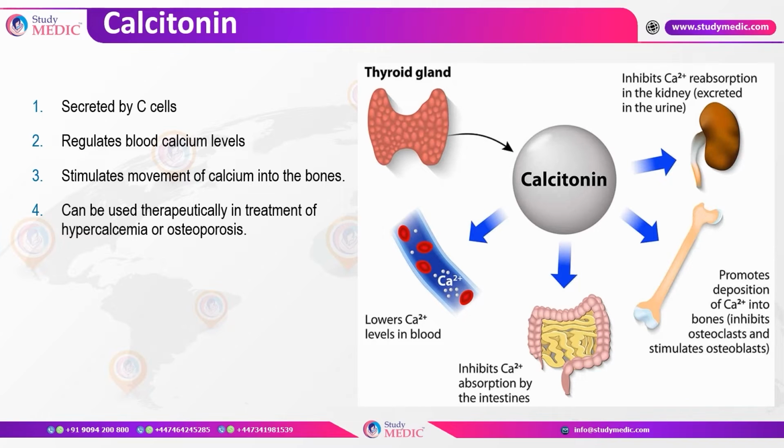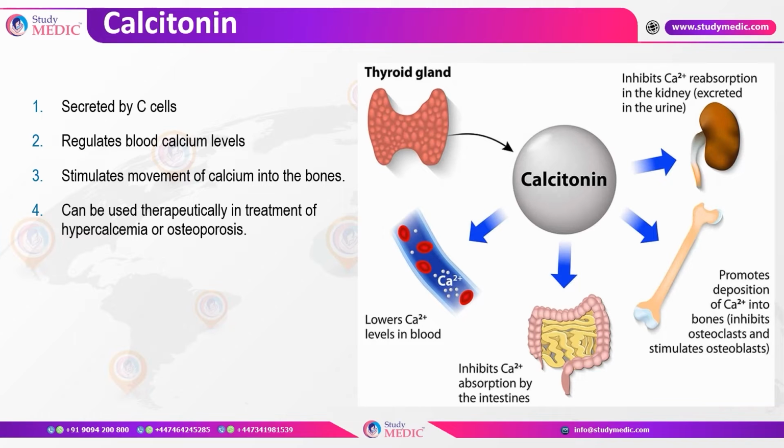Now how does it do that? Because it has to decrease the levels of calcium in the blood, naturally absorption from the intestines is decreased, so it inhibits calcium absorption from the intestines. To decrease levels of calcium in the blood, what does it do? It moves calcium from the bloodstream into the bones. So it stimulates osteoblasts and it inhibits osteoclasts.